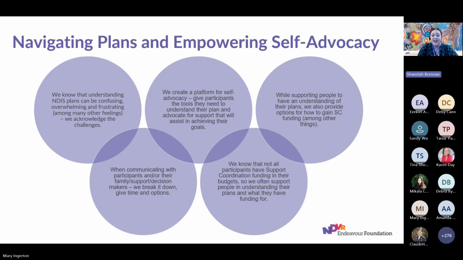They came to us and they asked for some support in understanding his plan, as they were hoping to go for a change of situation to achieve some SIL funding for him. This participant doesn't yet have support coordination funding, so his parents were feeling really lost and confused about how to navigate the space, and they didn't have a lot of support.